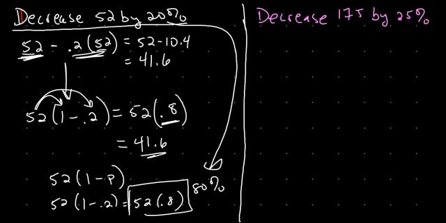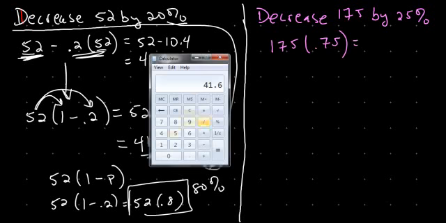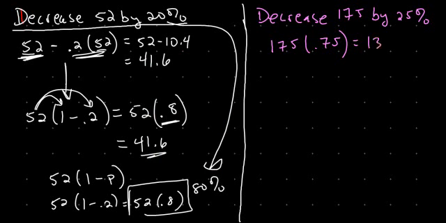So I have 175 times 0.75. That's the clear, logical way to think of it, and it's always going to work for you. So 175 times 0.75 is 131.25.